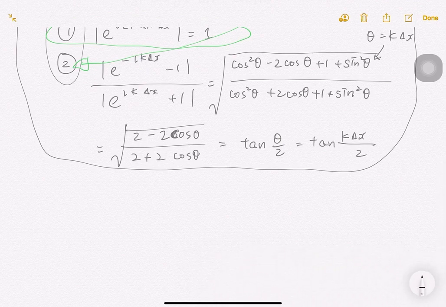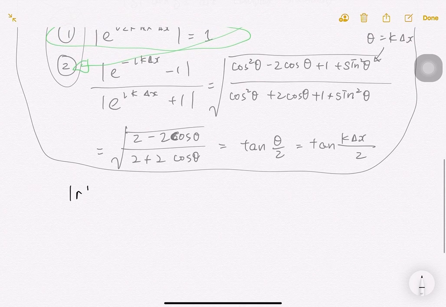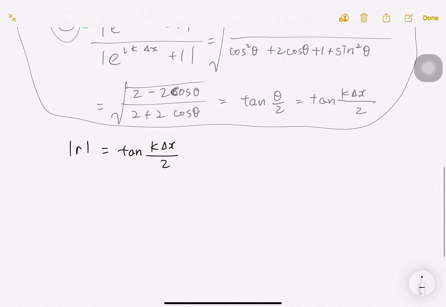Now let's go back to the non-optional part. The magnitude of R equals tangent k delta x over 2. Why do we want to express the magnitude of R in terms of delta x and k?